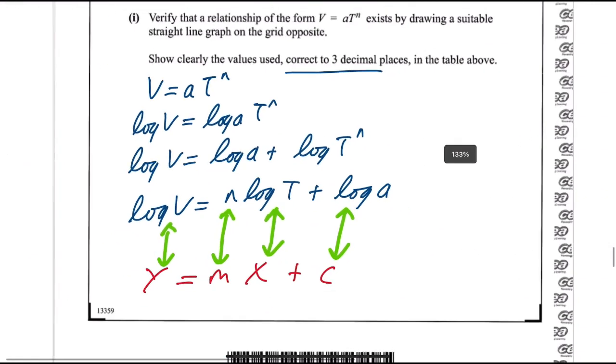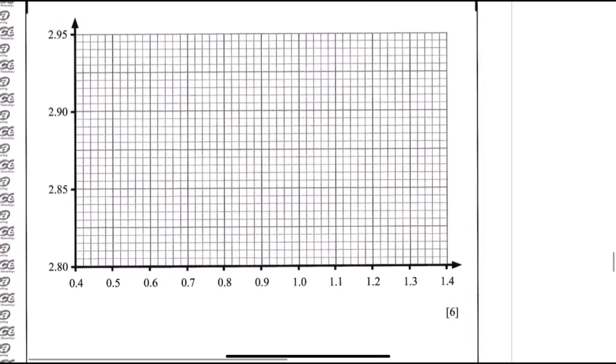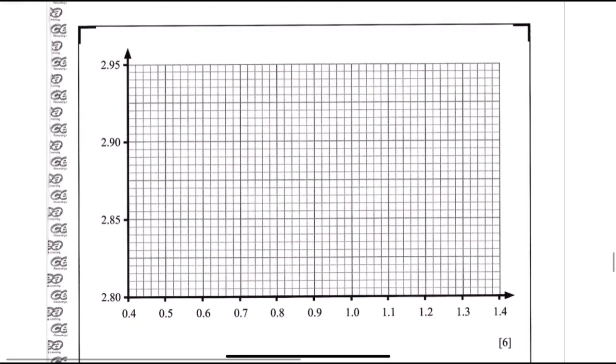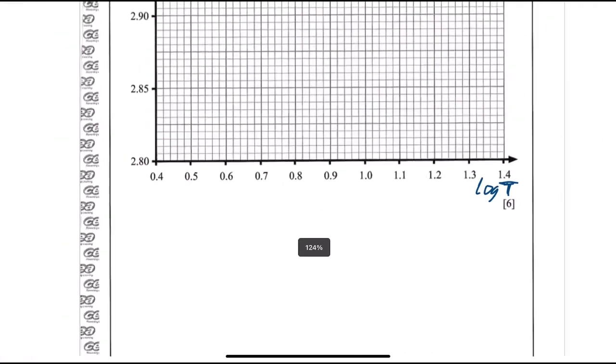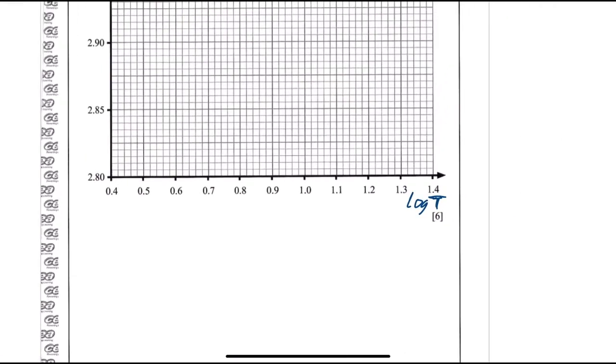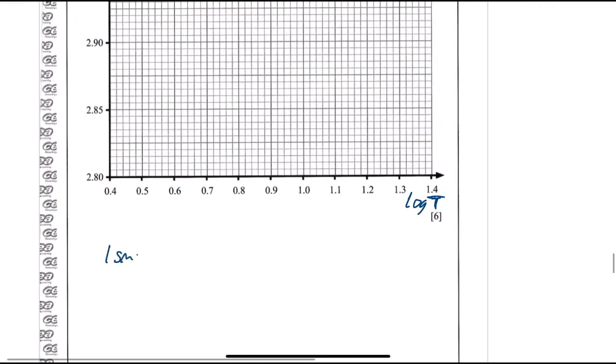Okay, right, now we've got to plot these, which is very time consuming. Hate these questions, I really do. But your log V goes on the vertical, label your axes, log V goes on your vertical, log T goes on your horizontal, and then you plot these. Just to help yourself out a wee bit, I would say one small square horizontally is worth 0.02.